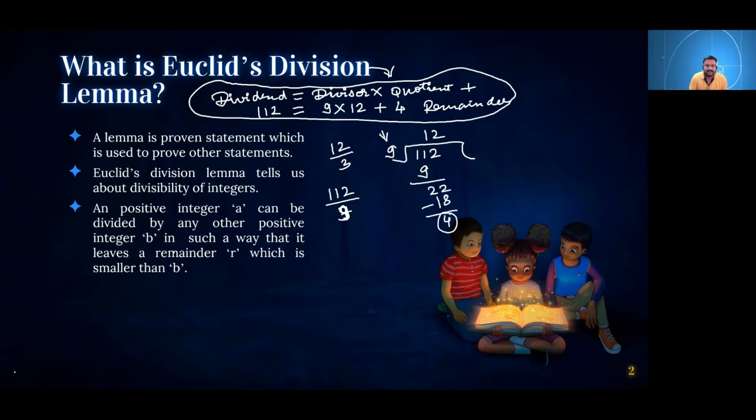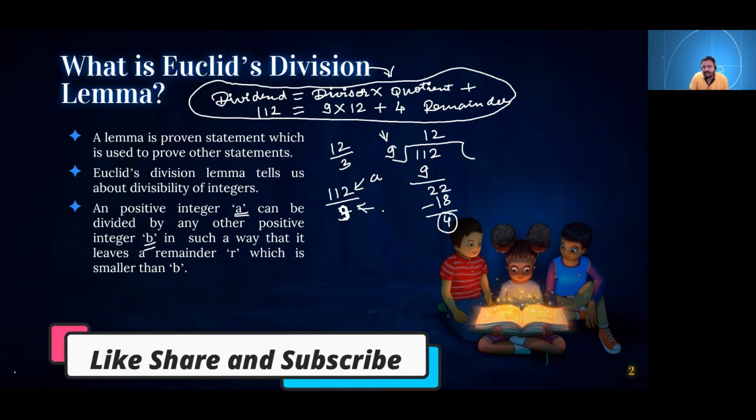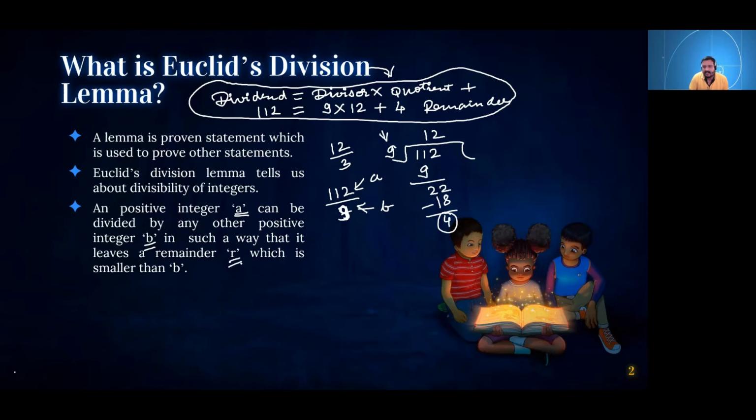Now you can see what they have said in the statement here, any positive integer a. So in this case, our positive integer a was 112, can be divided by any other positive integer b. So b is equal to 9 in such a way that it leaves a remainder r. So what is the value of r here? r is 4, which is smaller than b.